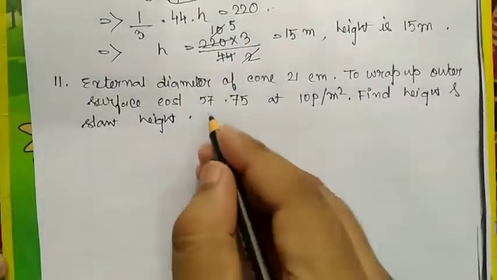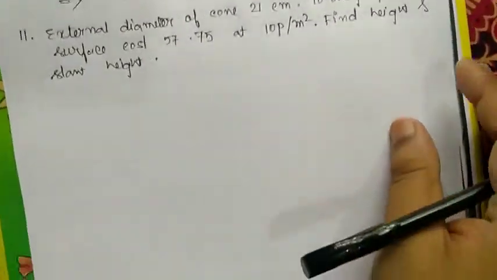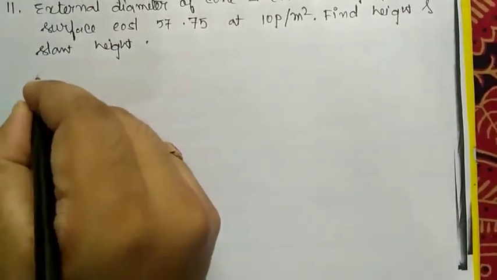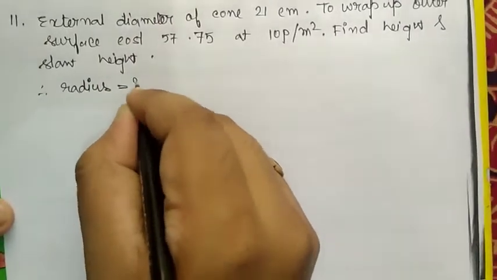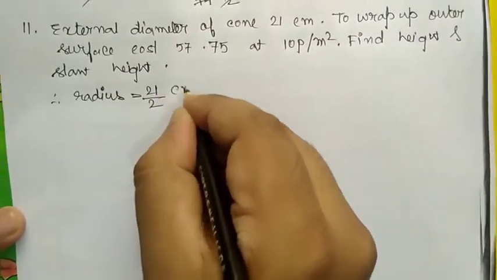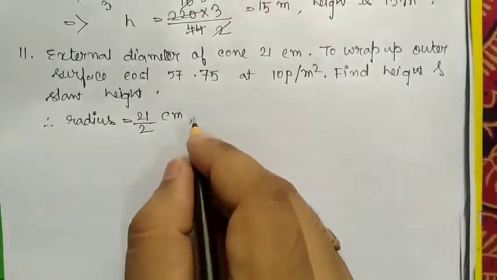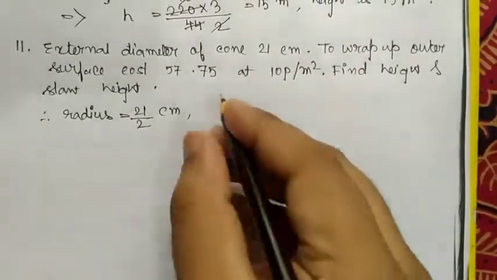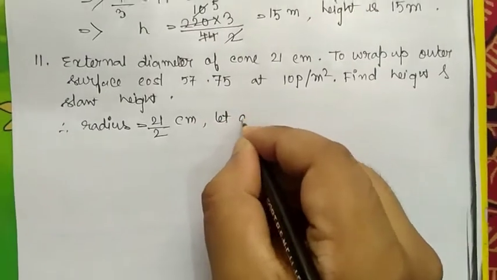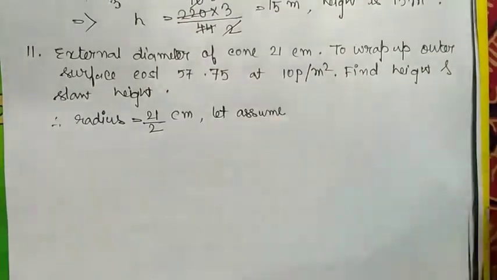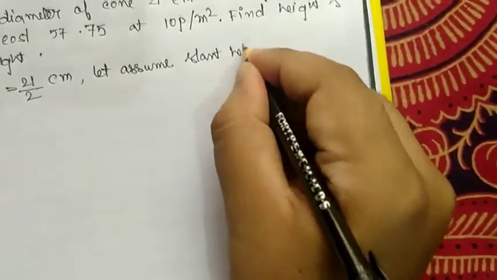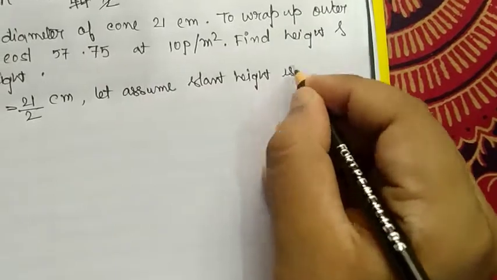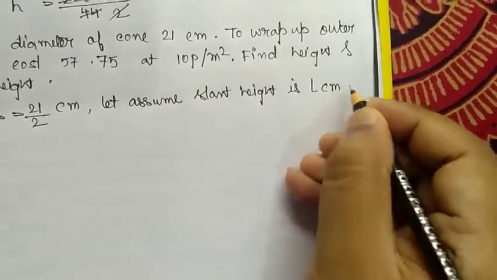Here we can see the diameter is given as 21 centimeter. So we can write radius equals 21/2 centimeter. We don't know the slant height, therefore let us assume slant height is L centimeter.